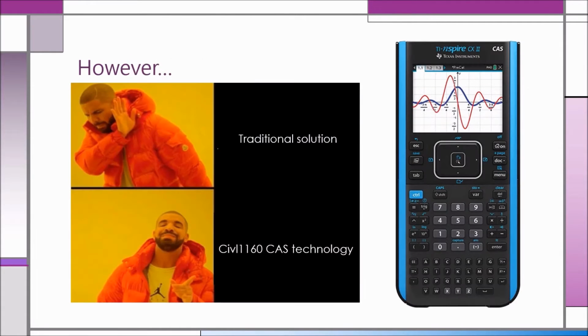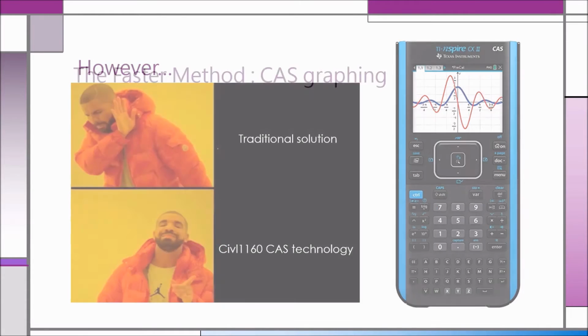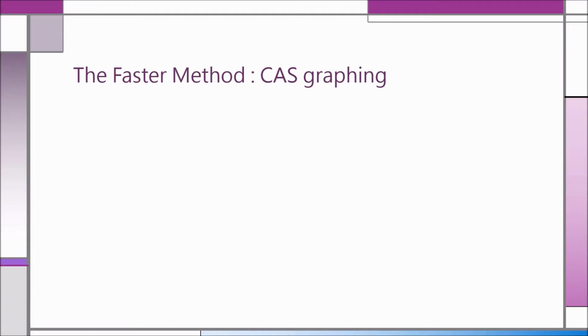However, the traditional solution is quite clumsy, therefore we can use CAS technology to help us solve the problem. The fastest method is to use CAS graphing.